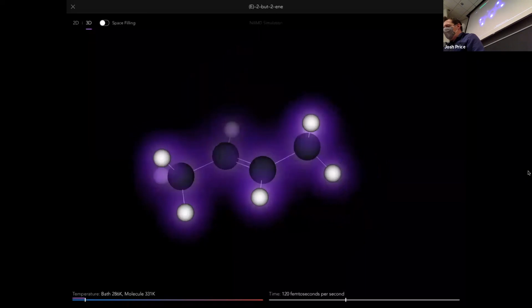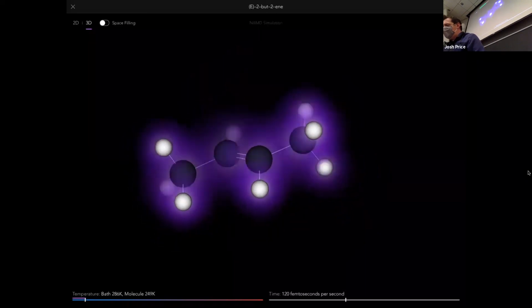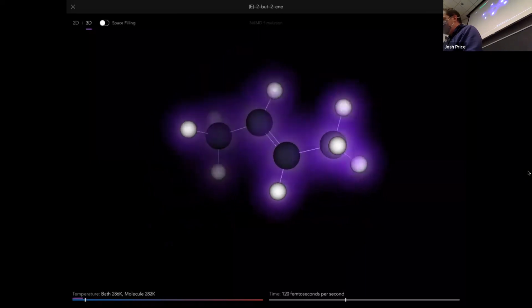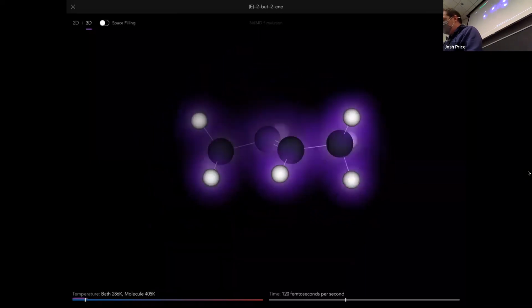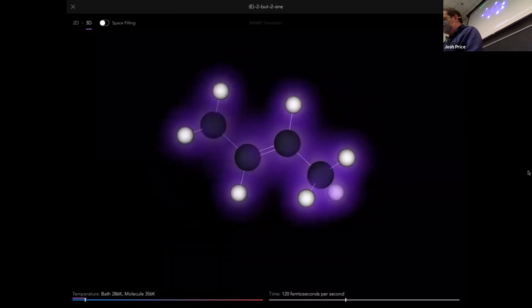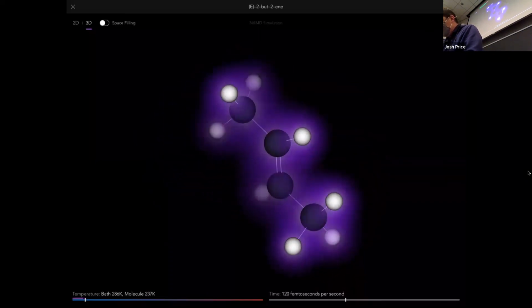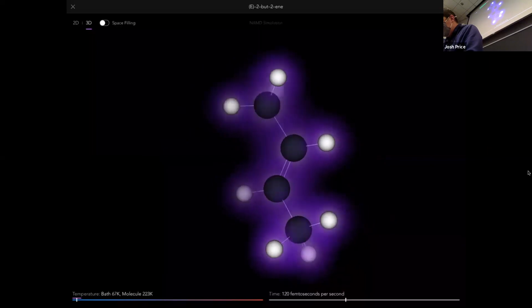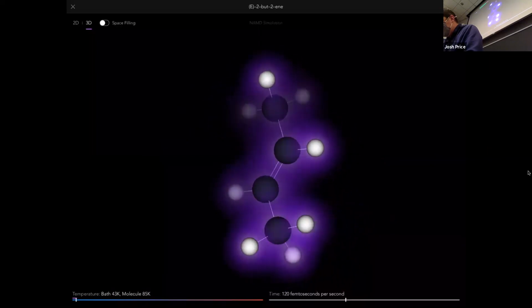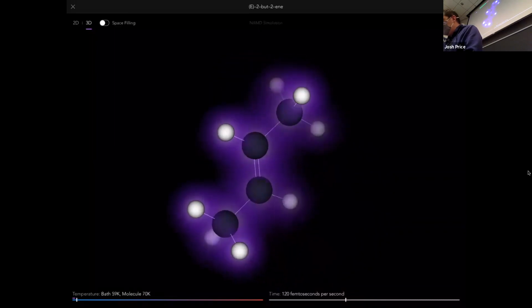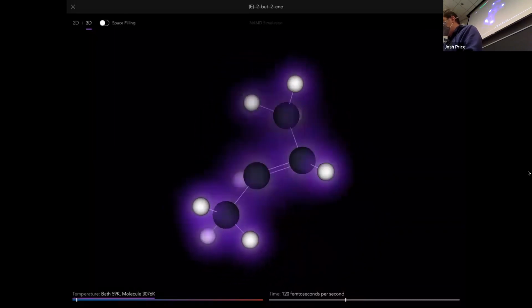All right, so you see that now I'm going to take hold of that proton and I'm going to try to rotate this around so that it's no longer cis or trans, but rather cis. Okay, and just to slow things down, I'm going to take it down to about 50 Kelvin so that things aren't jumping around too much on us. All right, taking hold of that proton, twist.